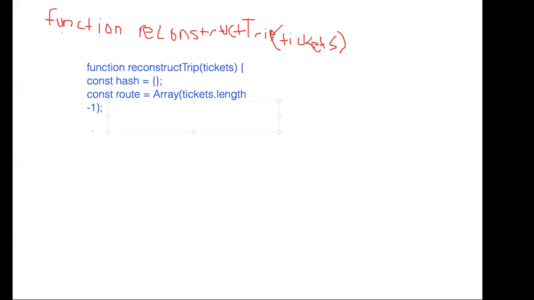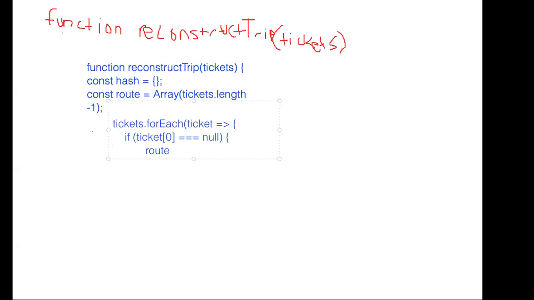So we'll do tickets.forEach, and then ticket, and if ticket at index 0 or at index 1 is null, we will return. Nope, that's not right.